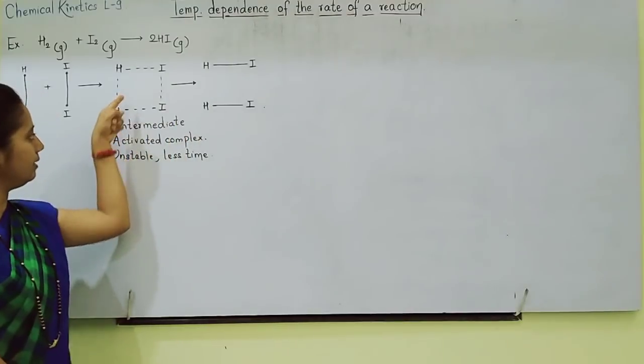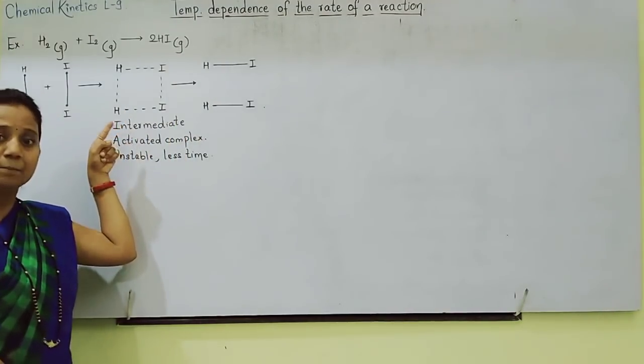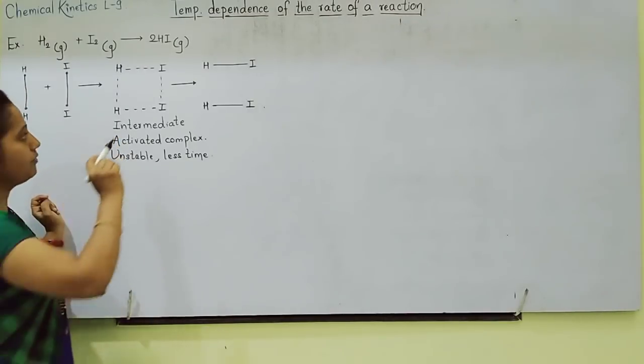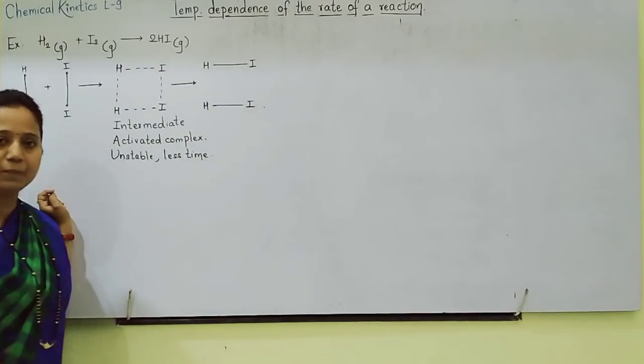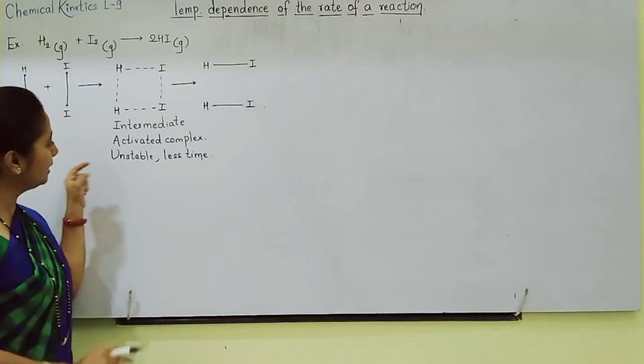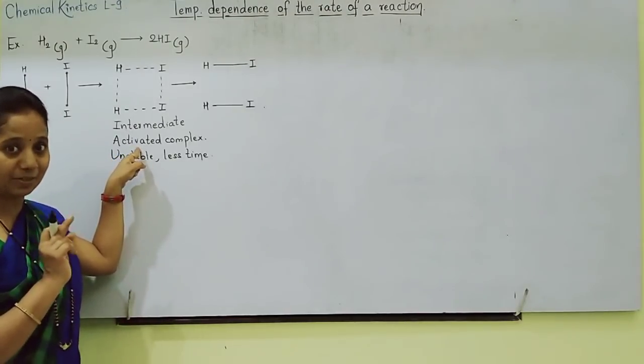But in the middle, an intermediate is formed. This is also called the activated complex. But it is unstable and remains only for a short time. Afterwards, it decomposes to form the products. The energy required to form this activated complex is called activation energy.